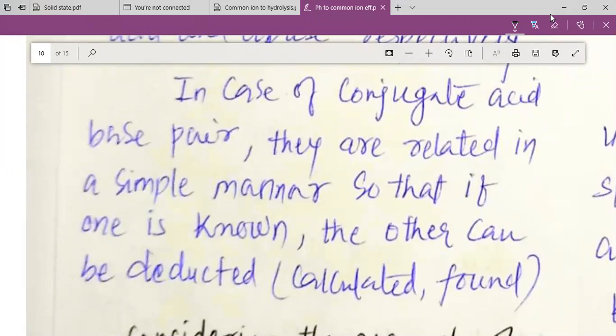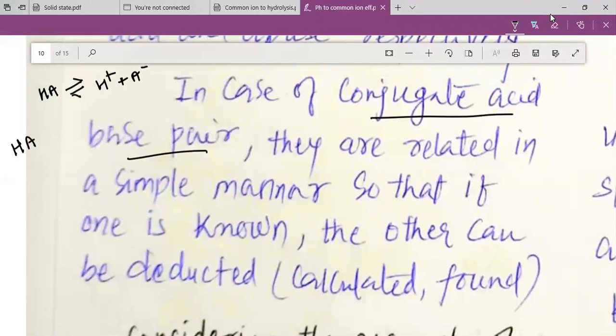In the case of a conjugate acid base pair, do you know what a conjugate acid base pair is? Suppose you have an acid HA, and it loses its H+ and produces H+ and A-.